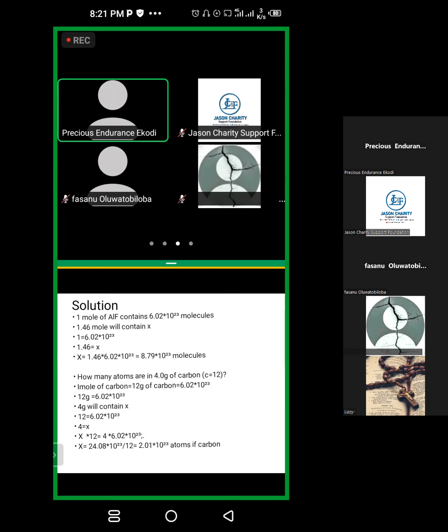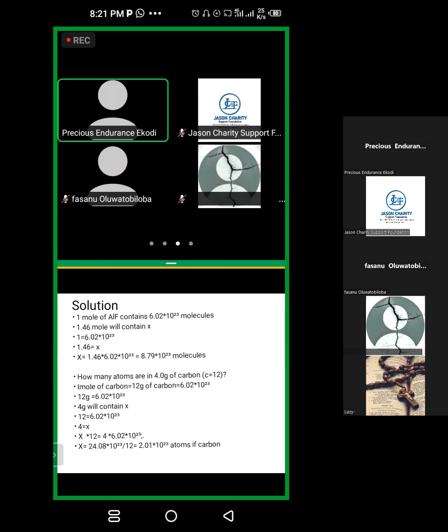I hope we understood how we're able to bring in the mass here. Unlike the other questions we solved, in this question we have been given the atomic mass or relative atomic mass of carbon being 12. So that's why we're able to equate it, and we have the answer to be 2.01 times 10 raised to 23 atoms of carbon.